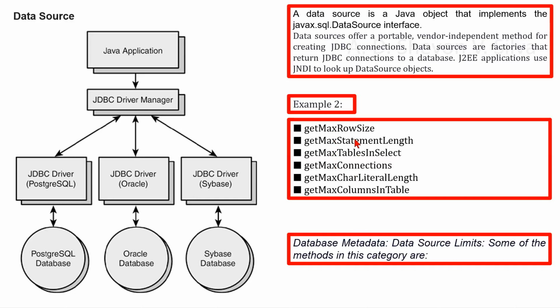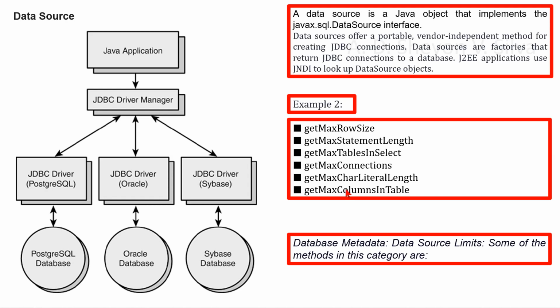Here you can see now we are considering some data source limits in database metadata. Some of the methods in this category are here. Another group of methods provides the limits imposed by a given data source.